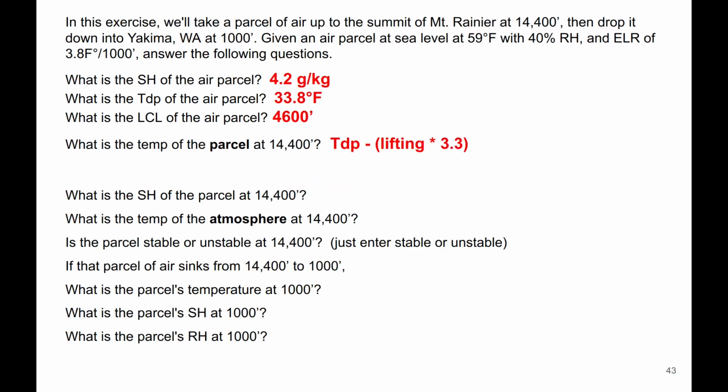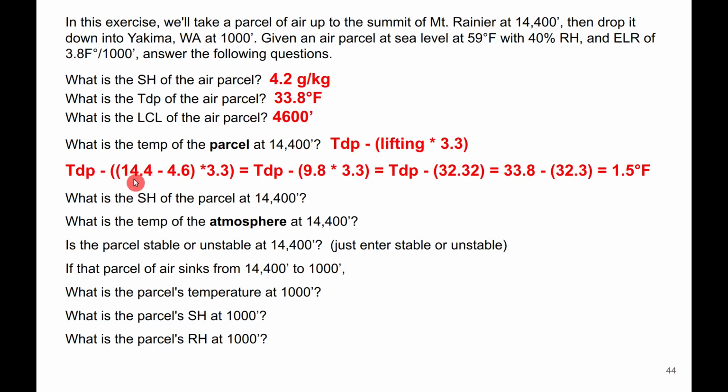So we're going to take the dew point temperature and subtract from that the lifting in thousands of feet, and multiply that by the moist rate. We already know the temperature at the LCL. We're going to go up to 14,400 feet and cool it by 3.3 degrees for every 1,000 feet.